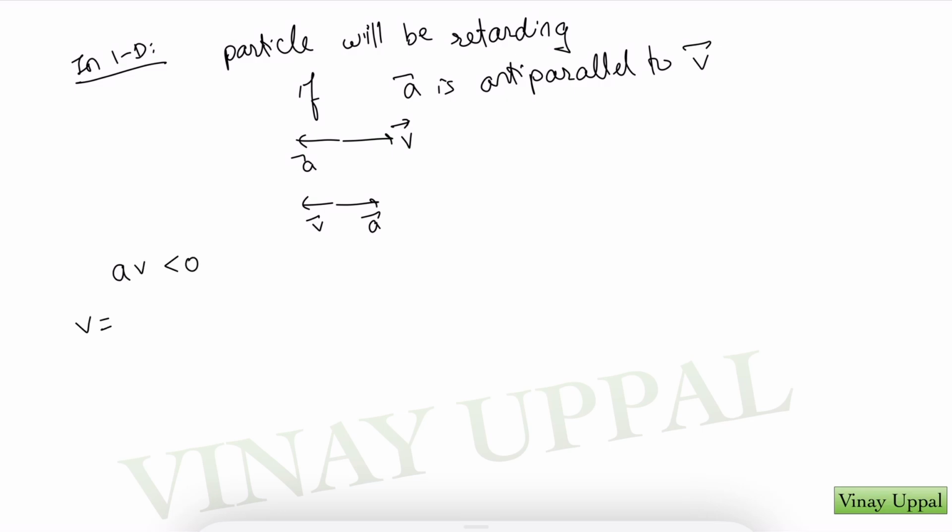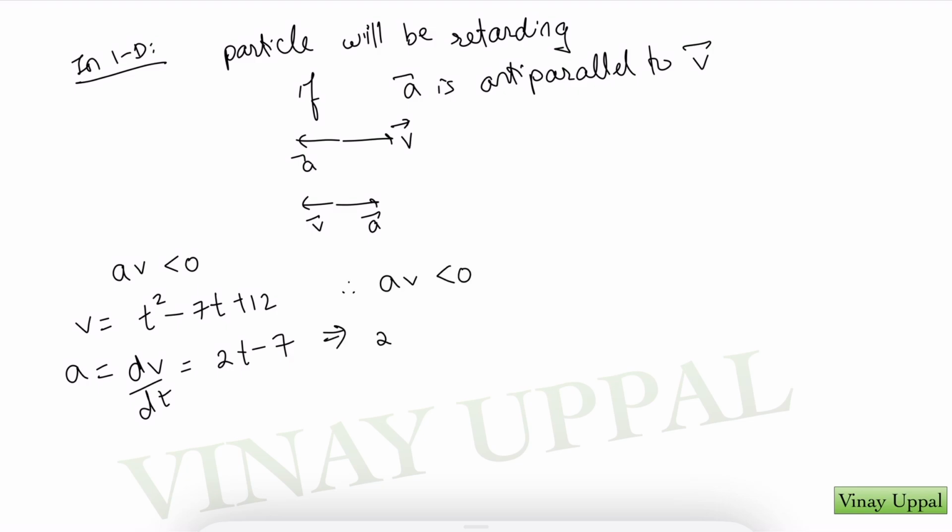Now I had my velocity as t squared minus 7t plus 12, and therefore acceleration would be dv by dt. That would be 2t minus 7. So a times v should be negative. So a, I can just write as twice of (t minus 3.5), and velocity I can just split into (t minus 3) times (t minus 4).